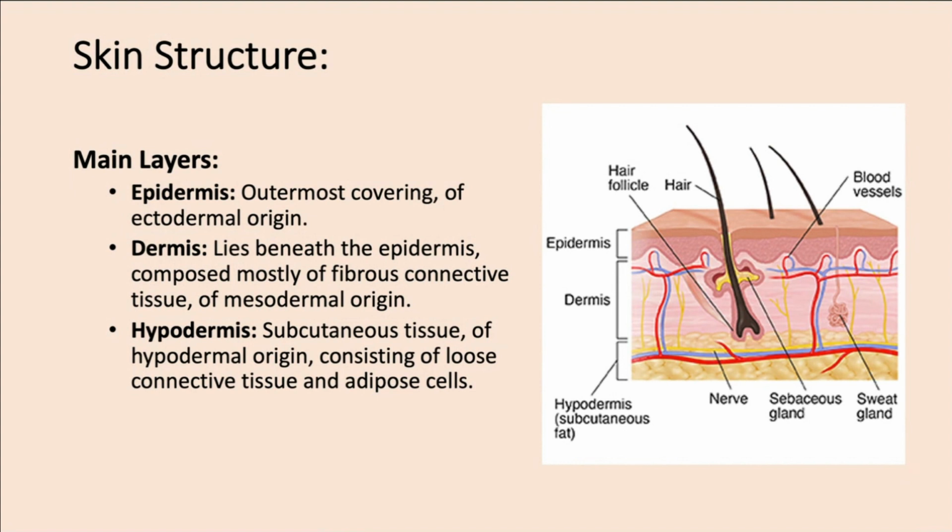The dermis usually has fibrous connective tissue, and this connective tissue is there to support the epithelial cells above it inside of the epidermis. And then the hypodermis usually has subcutaneous tissue where the nerves are traveling through, and it also has loose connective tissue there and adipose cells.